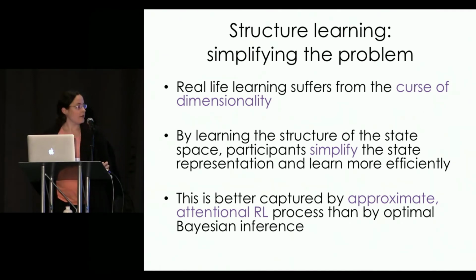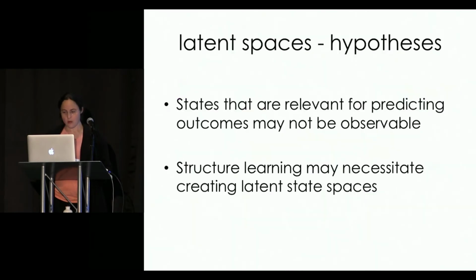Okay, so in this case, I was talking about the state space, and I was talking about all observable features of the state space, the three visual dimensions. There are cases in which the information that is relevant to represent the state that matters may not be directly observable.